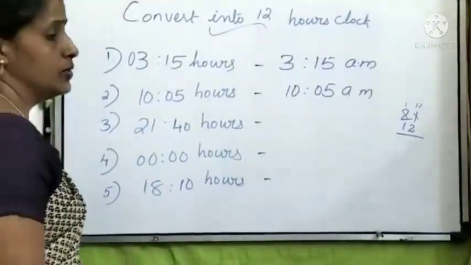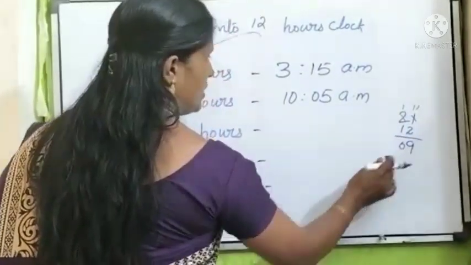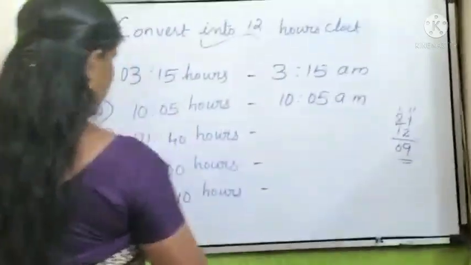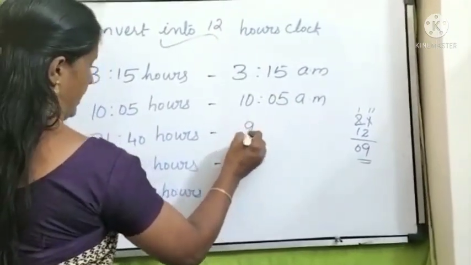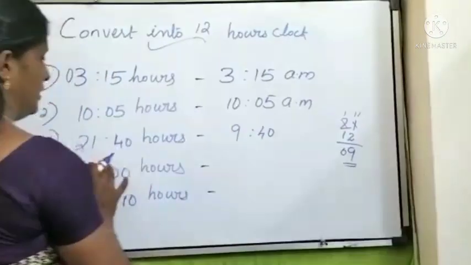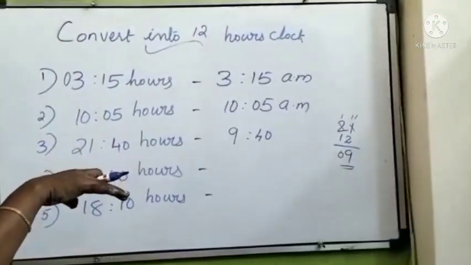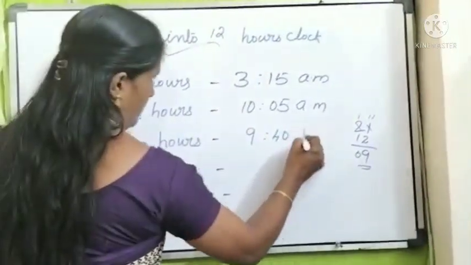Yes, 9. 1 minus 1, 0. So, the 9 hours. 21 minus 12, what is the answer? 9. And the minutes is the same, 40. But which time is it? Instead of hours, we have to mention it as PM.